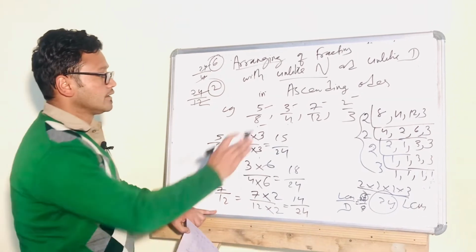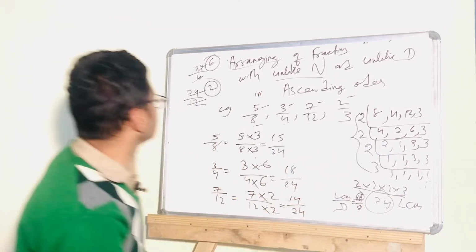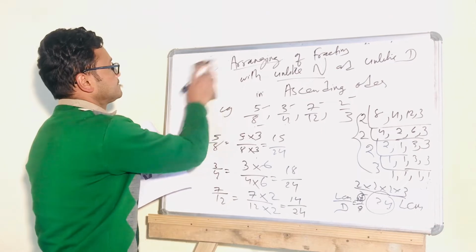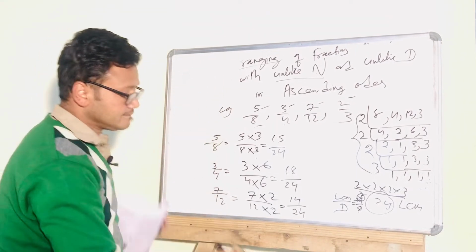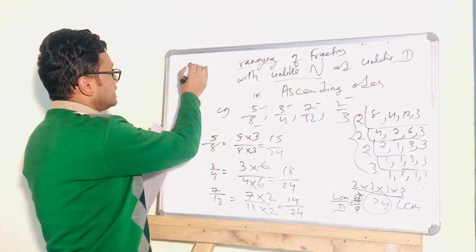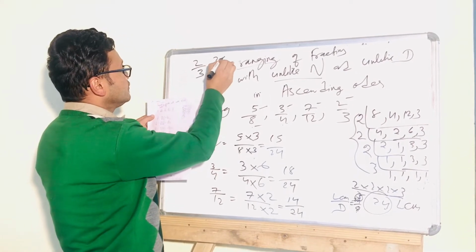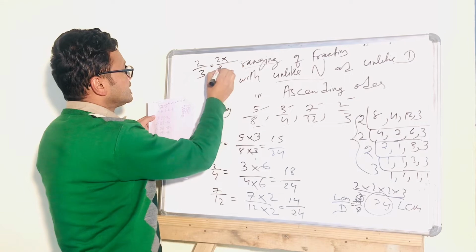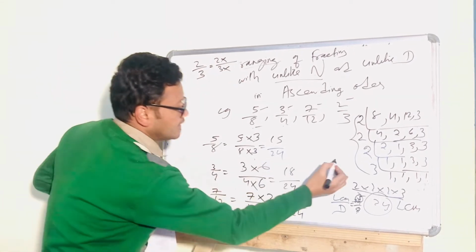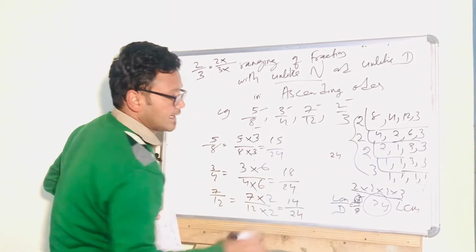Now the final fraction, 2 by 3, is left. I'll write 2 by 3, then 2 into, and 3 into. Again 24 is the LCM.